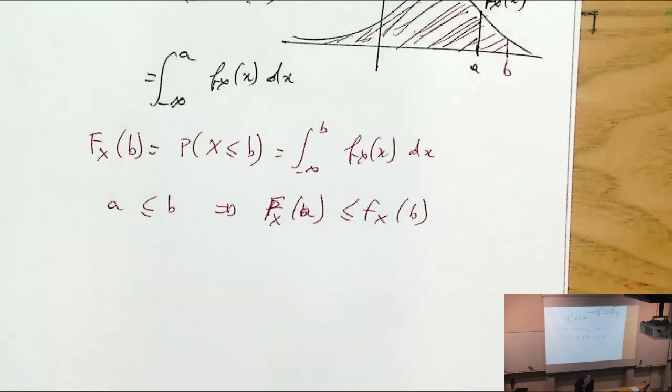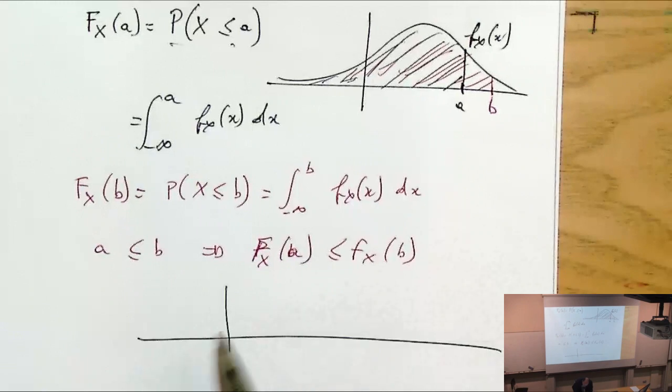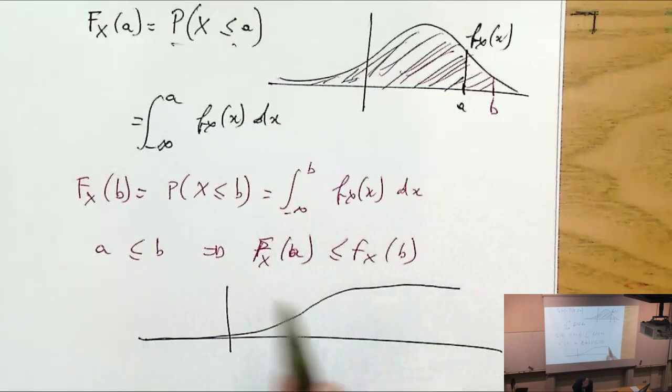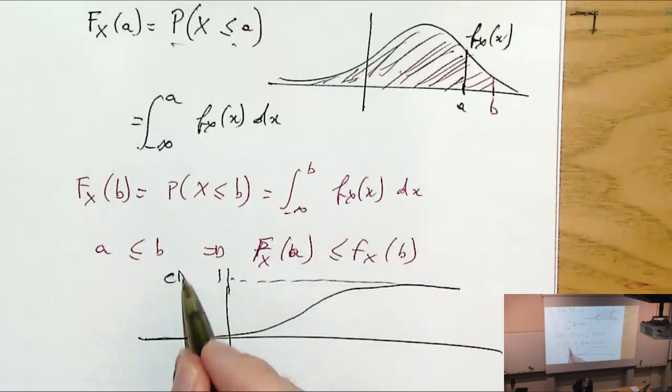Okay? So if you draw the CDF of this, what do you get? Typically, you're going to get something that goes from 0 to 1. So this is the CDF.